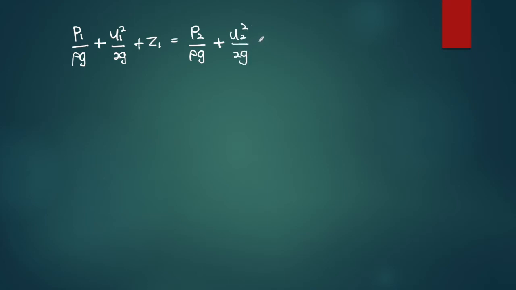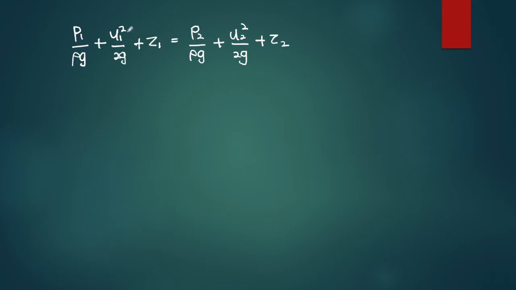Bernoulli's equation is P1 over rho g plus U1 square over 2g plus Z1 equal to P2 over rho g plus U2 square over 2g plus Z2.